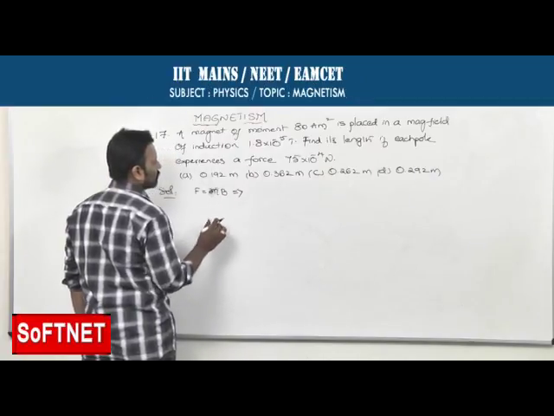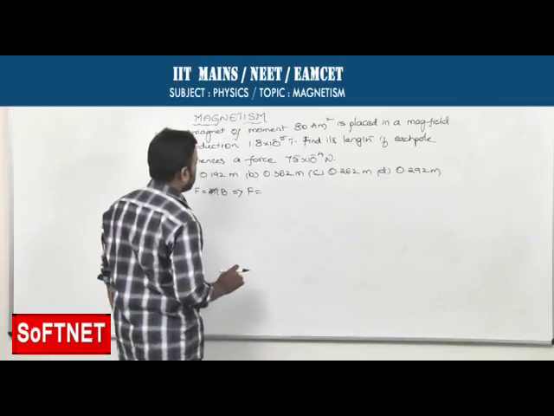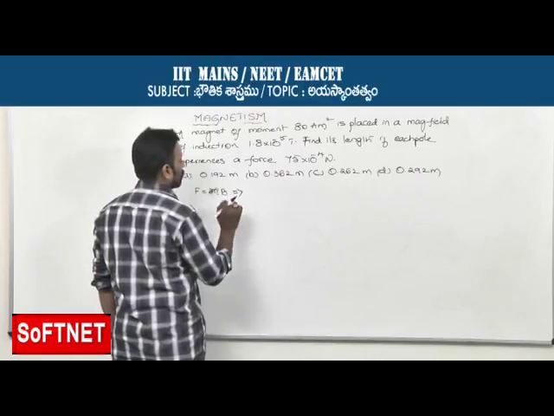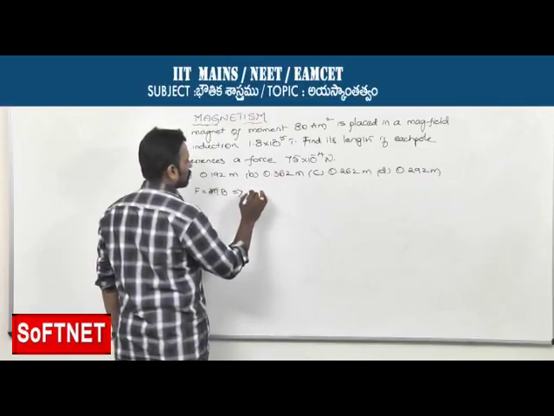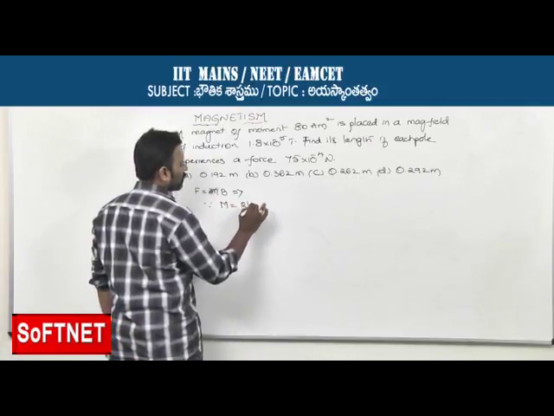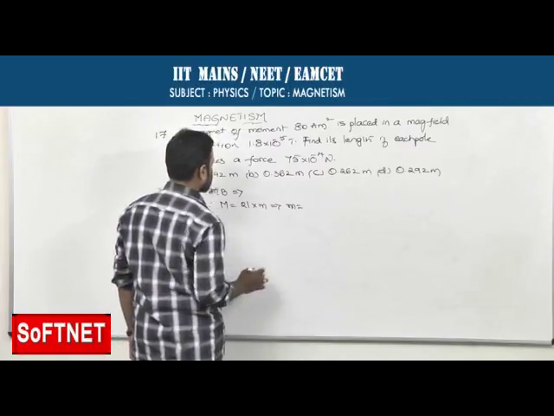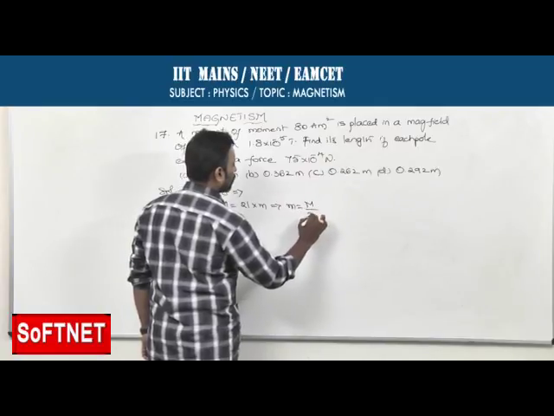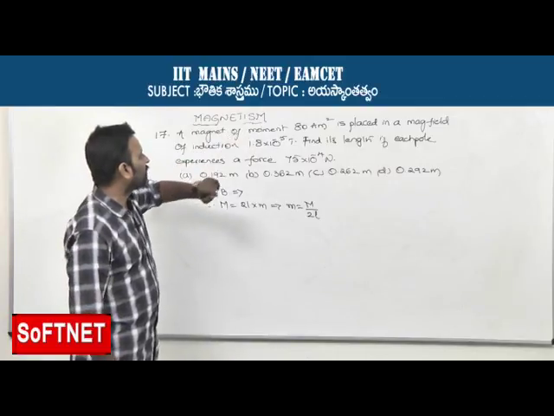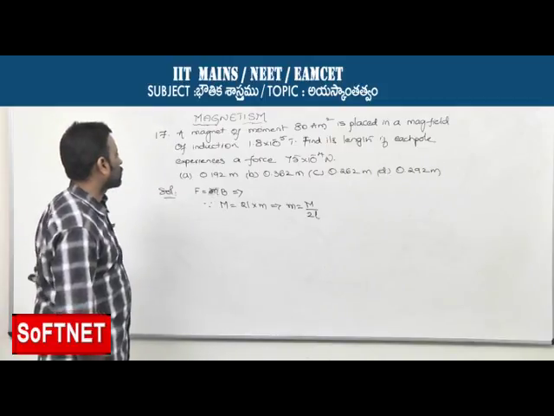In place of magnetic pole strength, since magnetic moment is the product of length into pole strength, from this pole strength is equal to magnetic moment by length of the magnet, because according to the given data the magnetic moment and length are given.